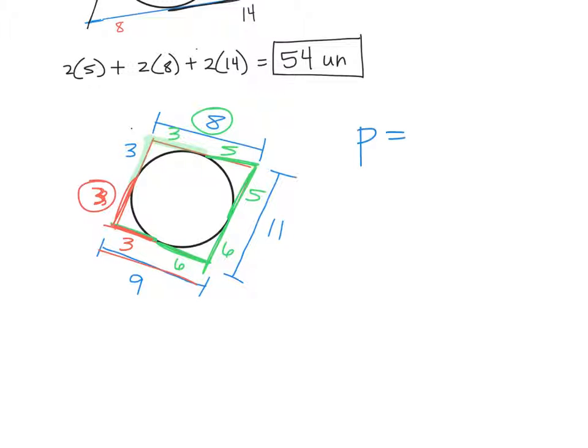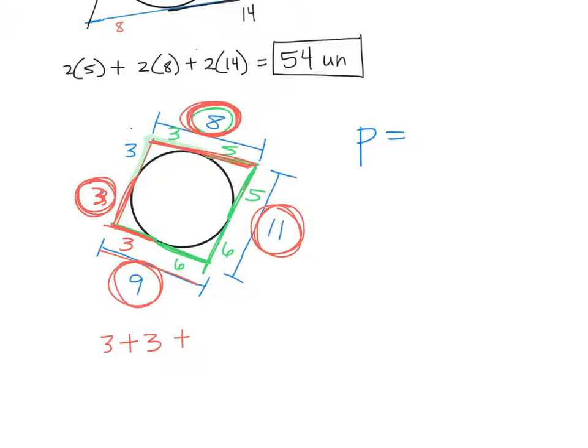So if we add that all up, you have 3 plus 3. Here's the other place people make a mistake. Now you have all these little numbers written in. You need to either use all the little numbers or you need to use the big numbers, but don't use both. I would just do 8, 11, 9, 3, and 3, okay?